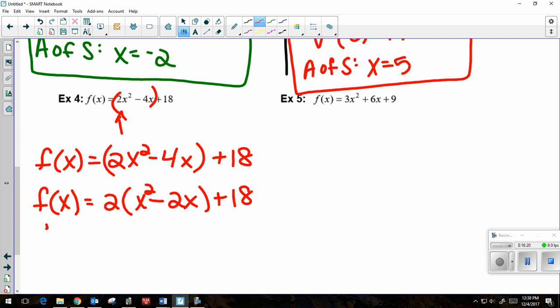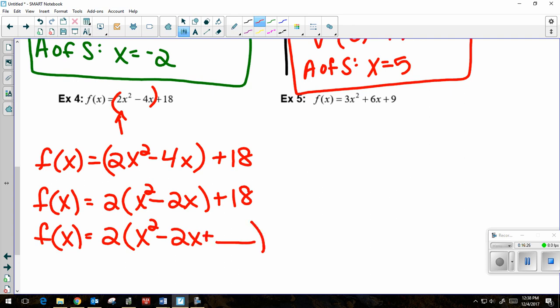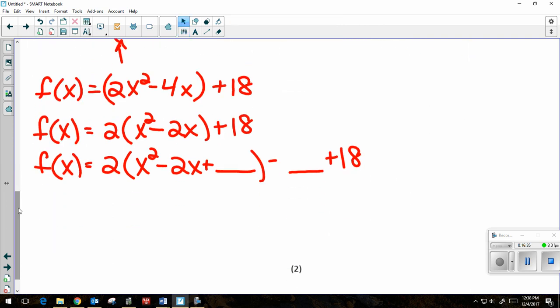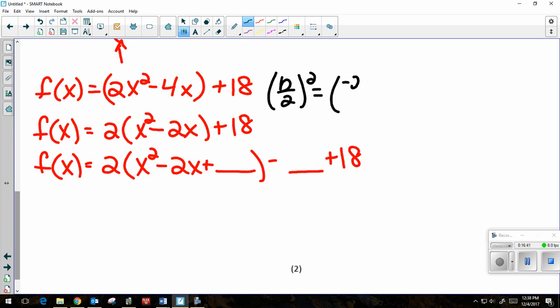So now I'm going to set up my blank spaces. So 2 times x squared minus 2x plus blank minus blank plus 18. Everything else is the same so far. So I'm going to find that value for b over 2 squared. So it's b over 2 squared, which is negative 2 over 2 squared, which is going to give me 1.